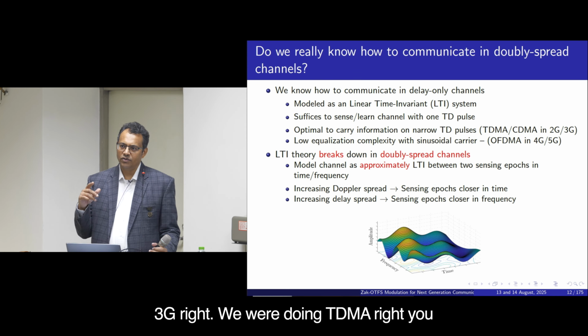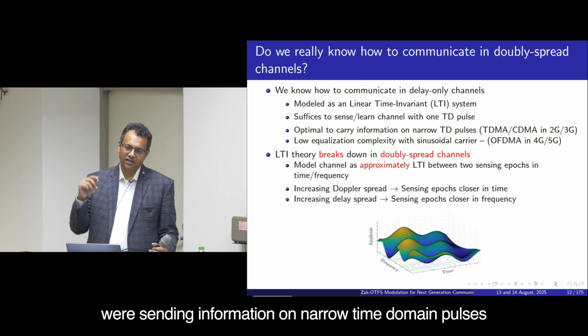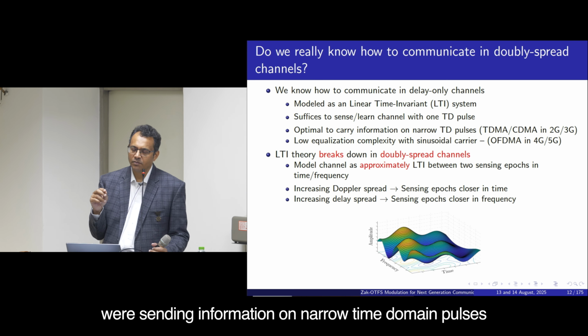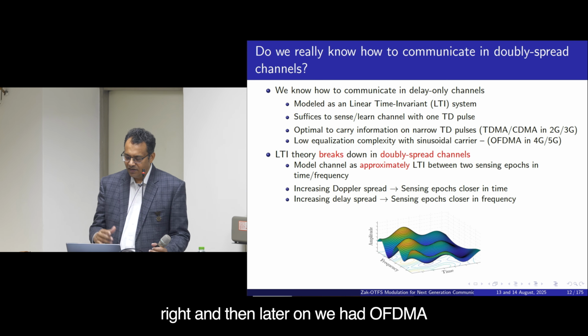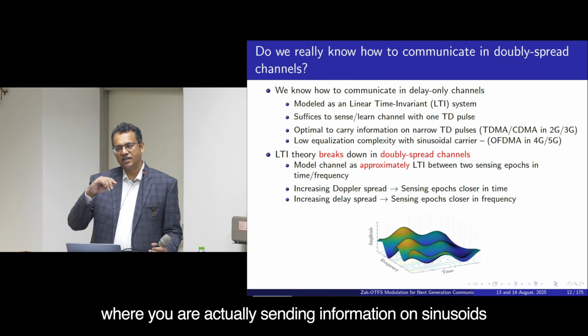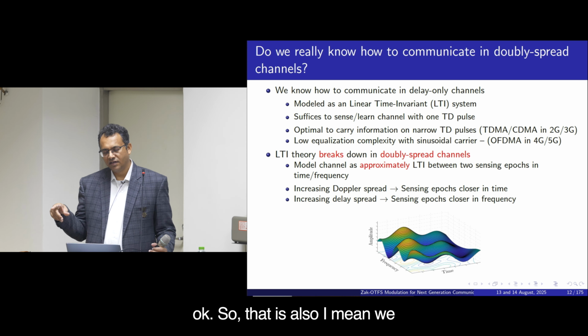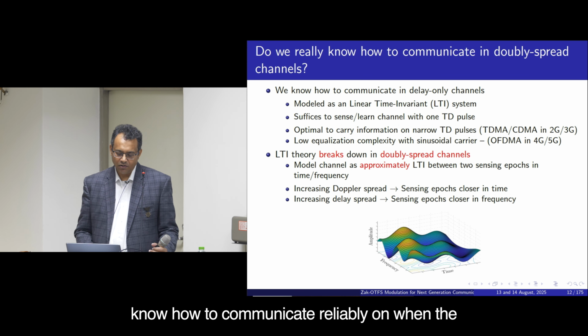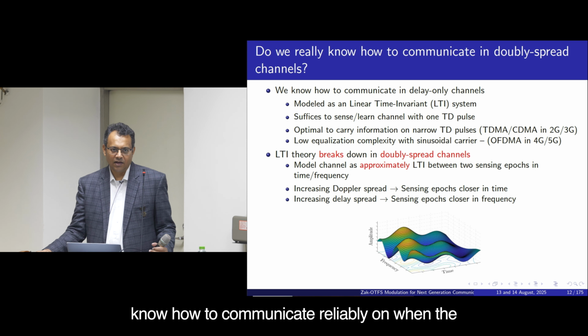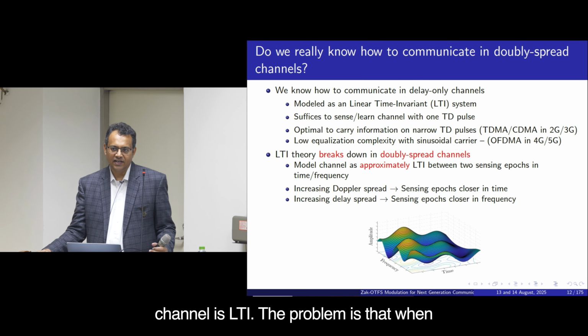We were doing TDMA, sending information on narrow time domain pulses, and later on we had OFDMA, where you are sending information on sinusoids. That is also okay. We know how to communicate reliably when the channel is LTI.